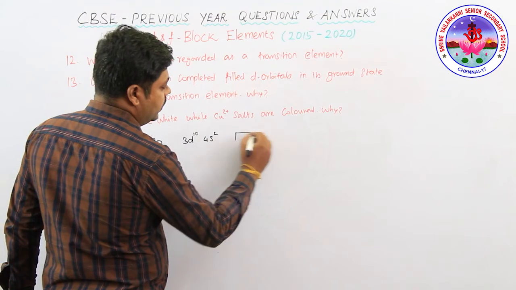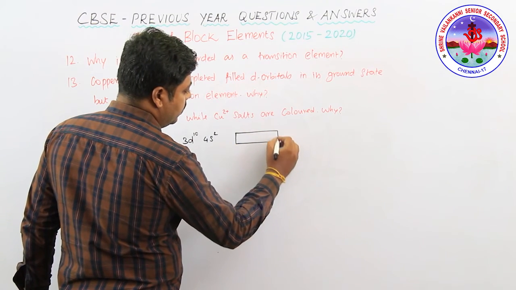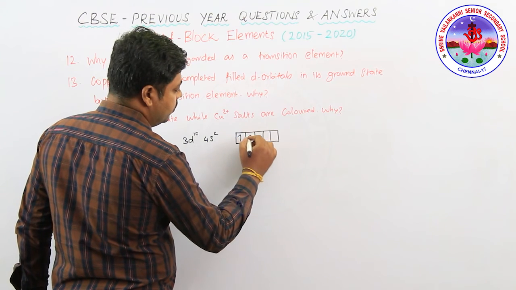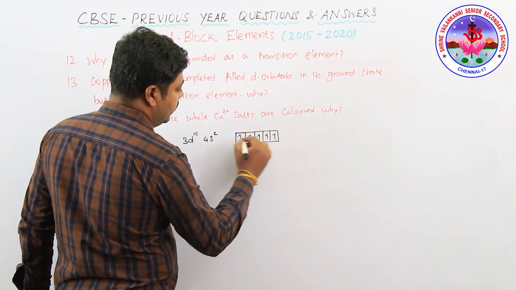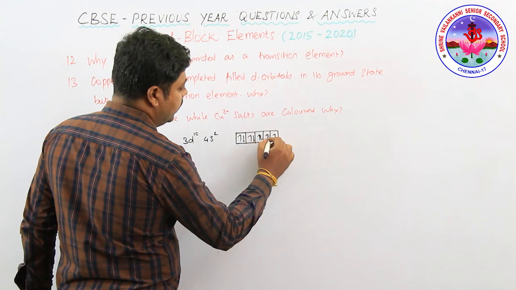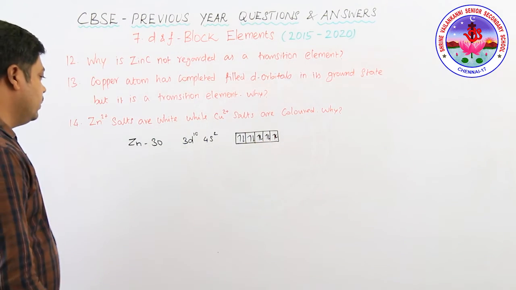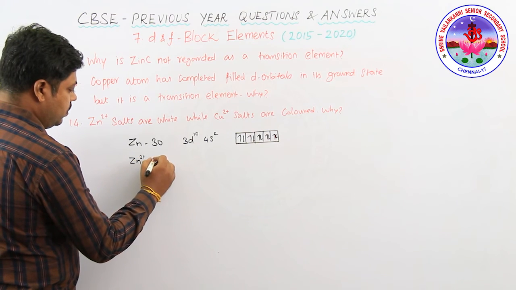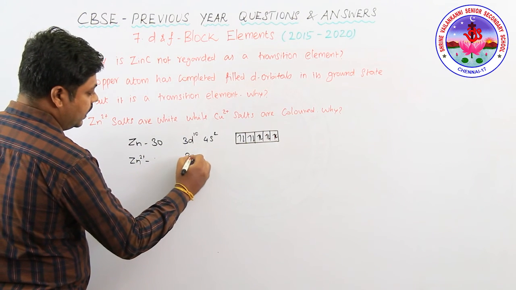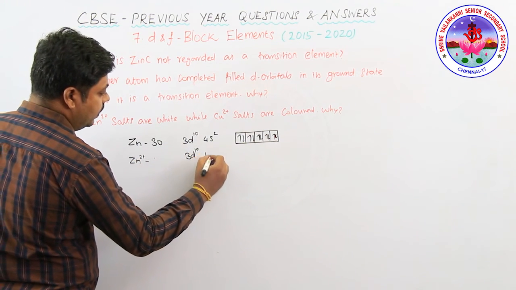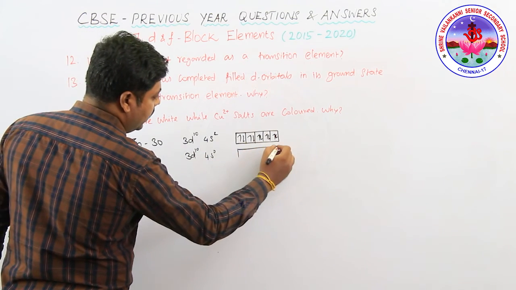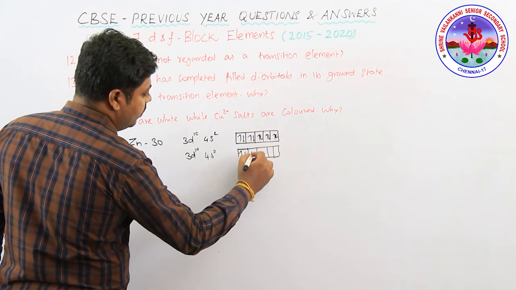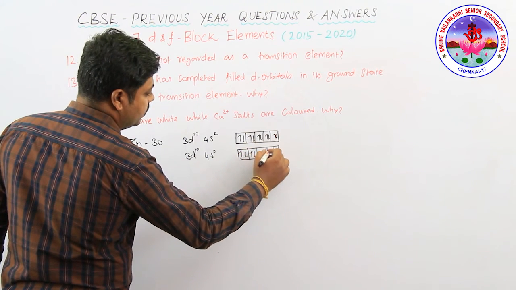So 10 electrons in the d orbital, 3d10. Then zinc 2 plus means the electronic configuration is 3d10 4s0. So here also the same, the completely filled electrons.